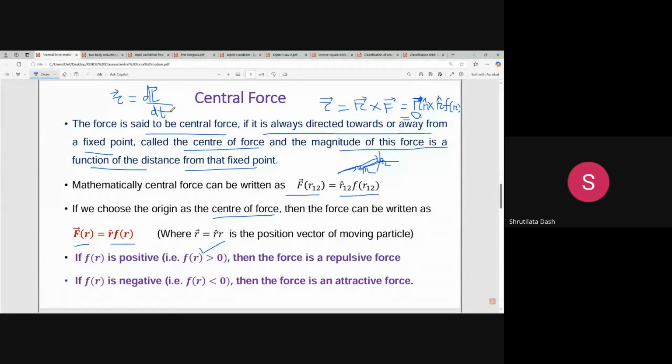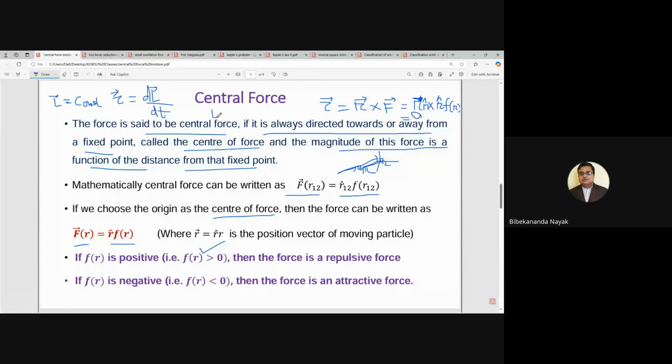If torque is equal to 0, then angular momentum is a constant quantity. A constant vector means its magnitude is constant and its direction is constant. So L magnitude is constant, its direction is constant.